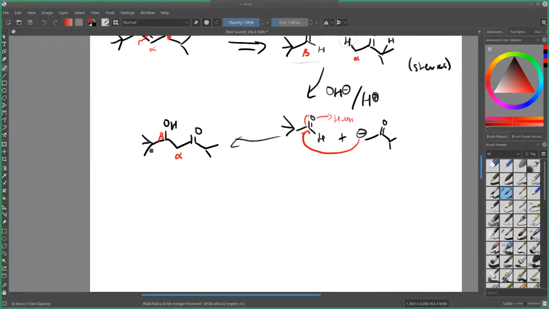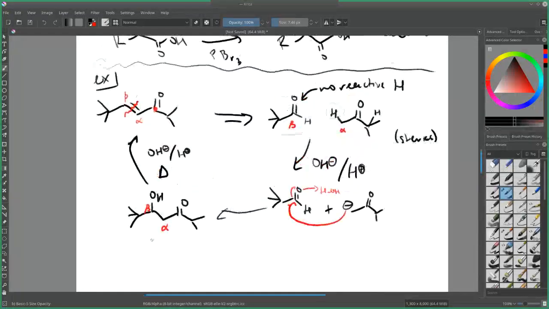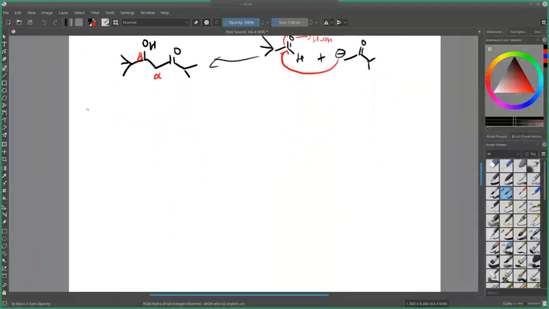And okay, that's good. And from there, you just do the same thing. You either use acid or base, whichever one you had it in earlier, and you just heat it, and that does E1 or E2, and it gets rid of that OH. Right? So this is how you would do the retrosynthetic analysis problem. You look for the alpha and beta carbons, you break that bond, look back at what you get, and then from there you can see how the reaction went forward. Okay. And the book also talks a whole bunch about how you can use this to cyclize things.